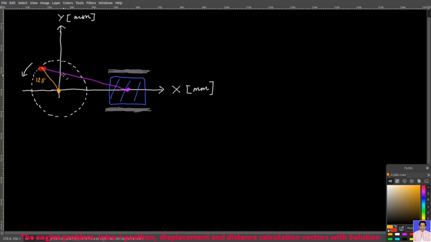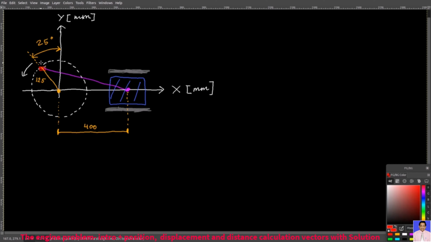And so when I freeze this engine, then at the time when I freeze it, this angle here is 25 degrees. And then the horizontal distance from the center of the rotation till the center of this piston is 400 millimeters. So all these numbers here, they are in millimeters. And so using this information, you have to find the length of this purple line.